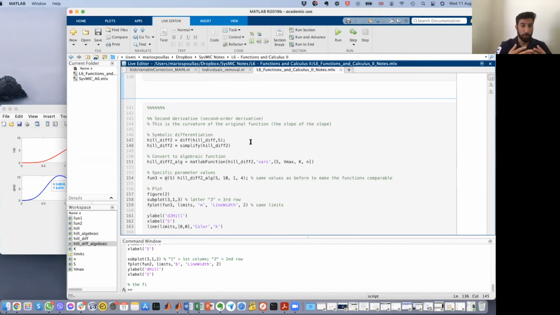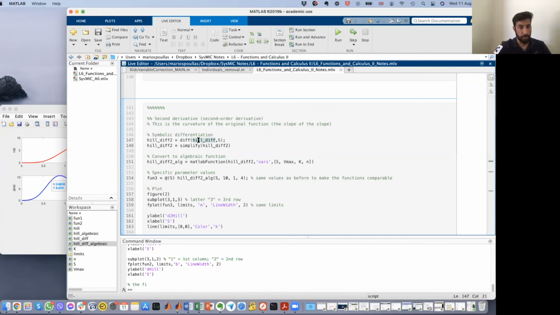The way we do it is the same as we did it before. We have the symbolic differentiation, again using the diff function, but this time we are differentiating the already differentiated version of the Hill equation.